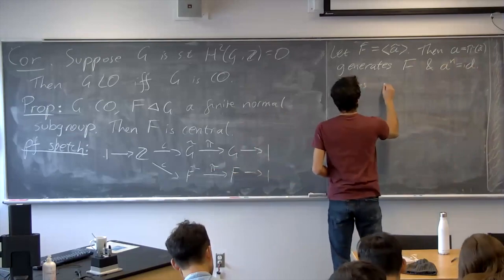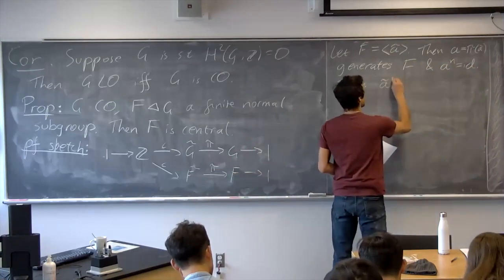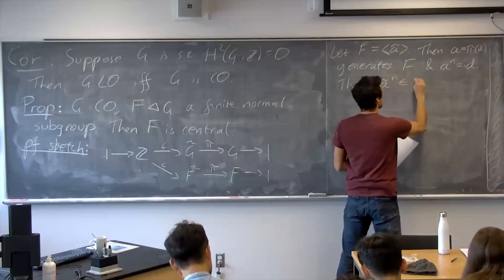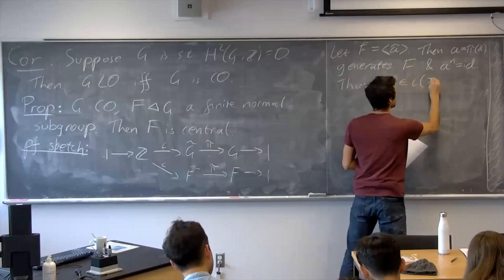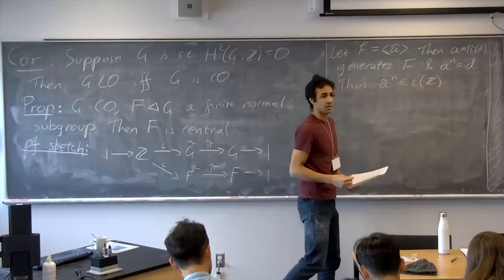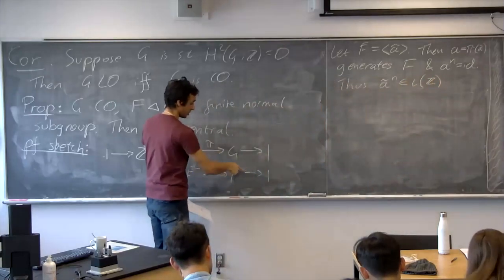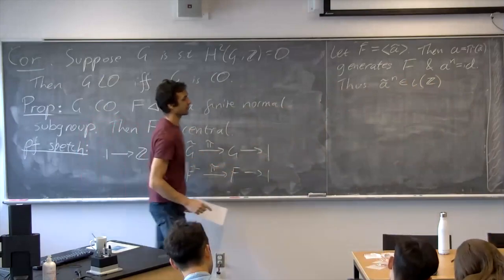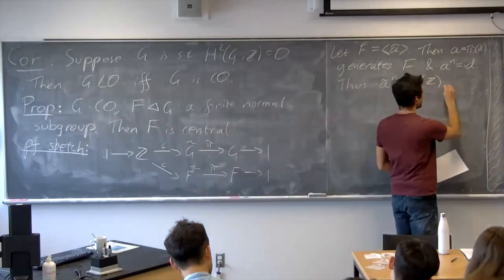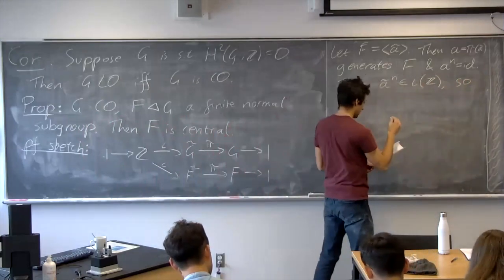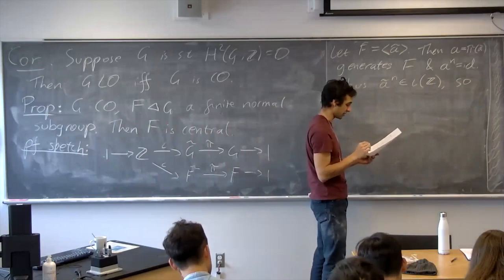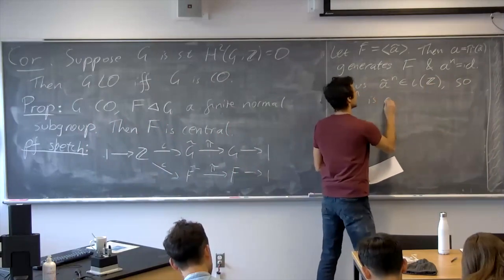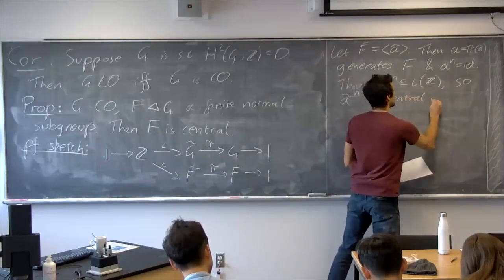Thus, A tilde to the power of N is in iota of Z. It's something that maps trivially here, so it has to be in the image of iota. So it's central. So A tilde to the N is central in G tilde.